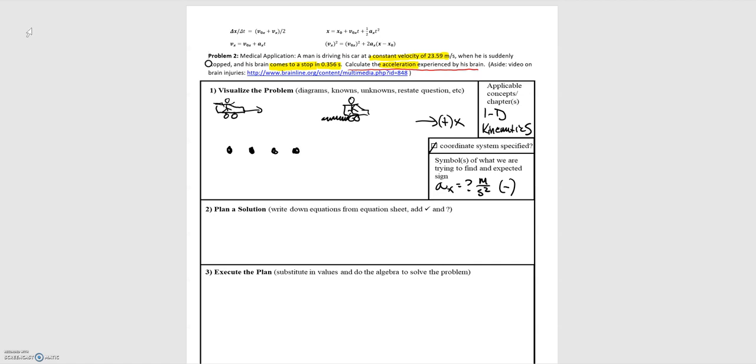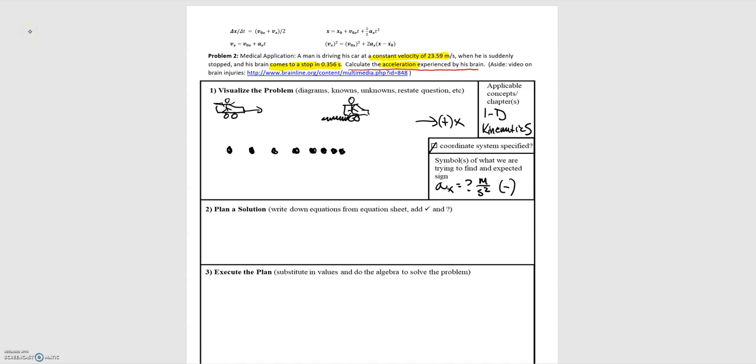And then the car comes to a sudden stop, and the brain accelerates to the left. So we have a decrease in velocity. So that means a closer spacing of the dots. And this is a pretty fast process. And so that's our final position there.